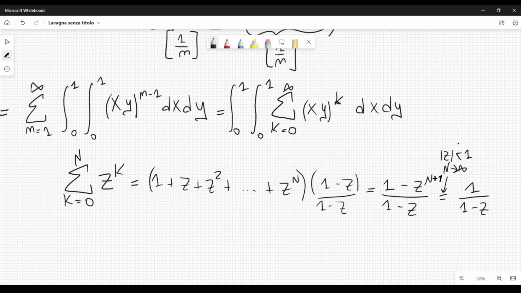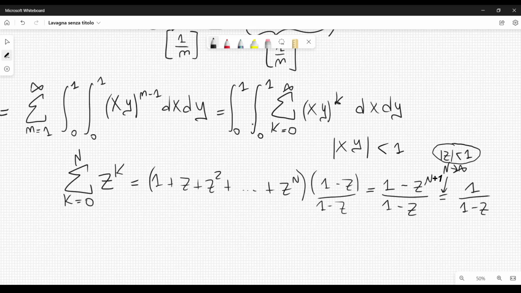Now in this case, these two assumptions are almost satisfied. In particular, n goes to infinity because we have a series, not a finite sum. But this one is not really satisfied every time, because in our case z is x times y, so we have to assume that this modulus is less than 1. x and y are between 0 and 1, right?